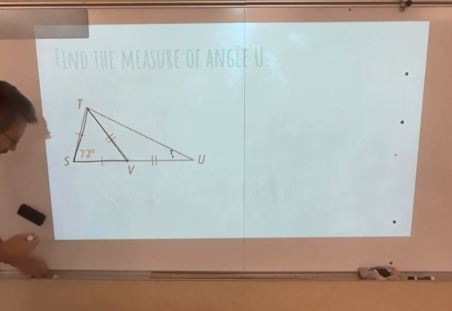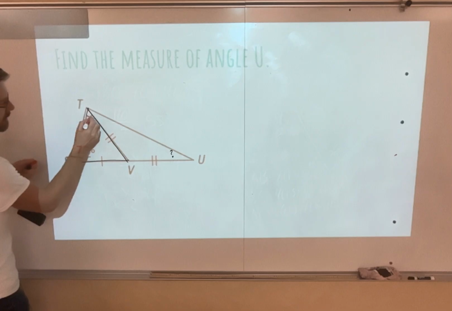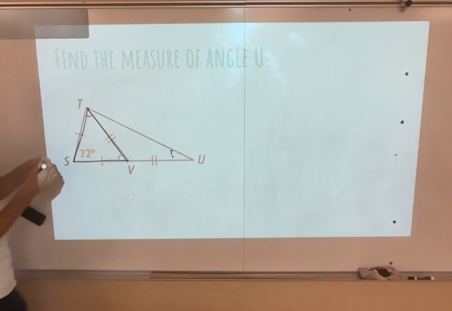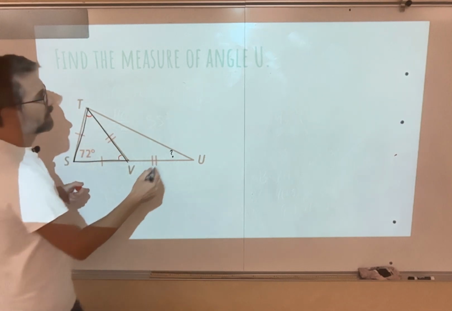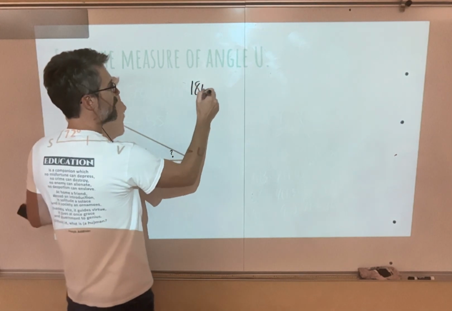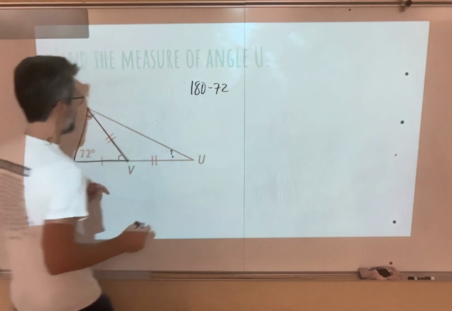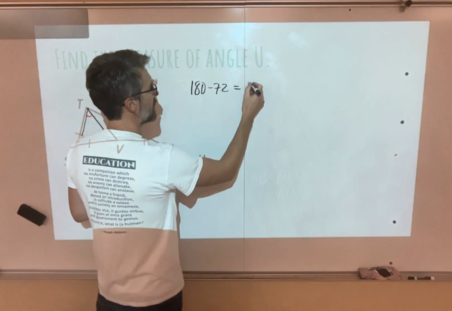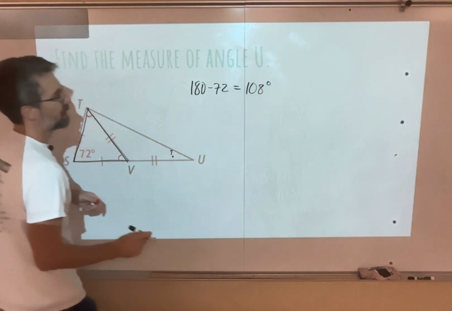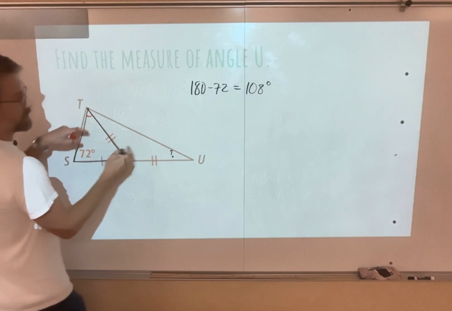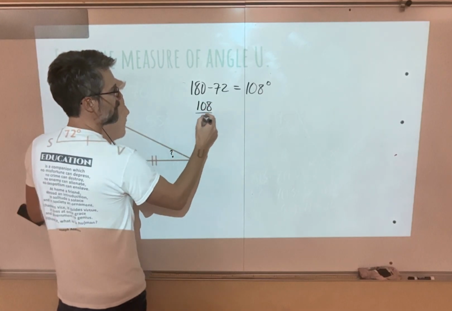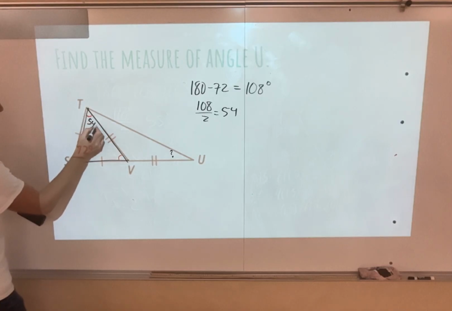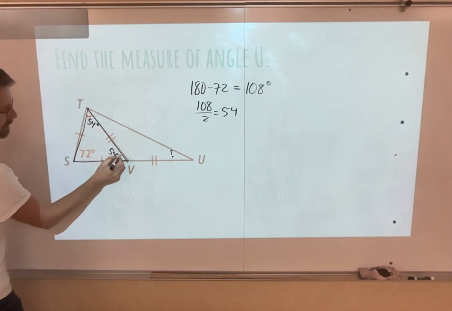Well, I know that the angles here and here are congruent because it's isosceles, right? These two sides are congruent, so those two angles are equal. So I have 180 minus 72. I've got that many degrees to split between these two angles. So that is going to be 108 degrees. If I split the 108 degrees between those two, it's 108 over 2, that is 54. So I know this is 54, and I know this is 54.